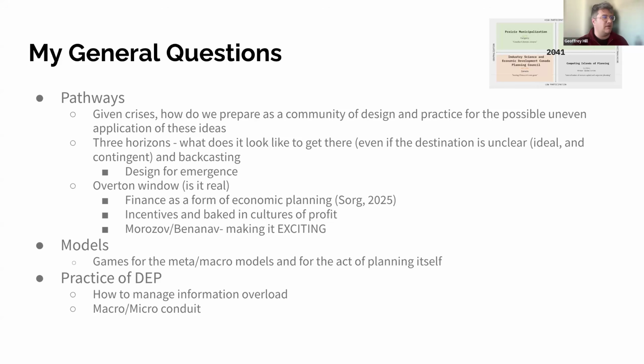And then I talked about the other pieces at the bottom there, but the top right image, just to shout it out, is a 2 by 2 matrix of scenarios that I did very casually in my attempt to do a thesis on economic planning in Canada about 5 years ago. And I've been really excited about this for a long time. So I pose those question-esque things to the group.